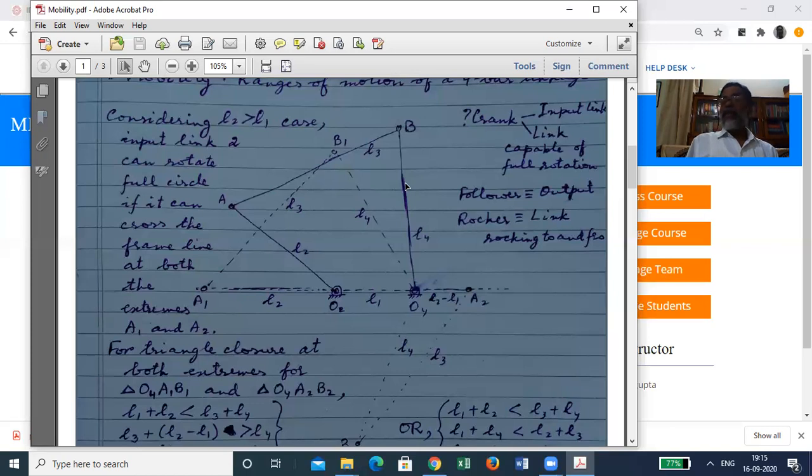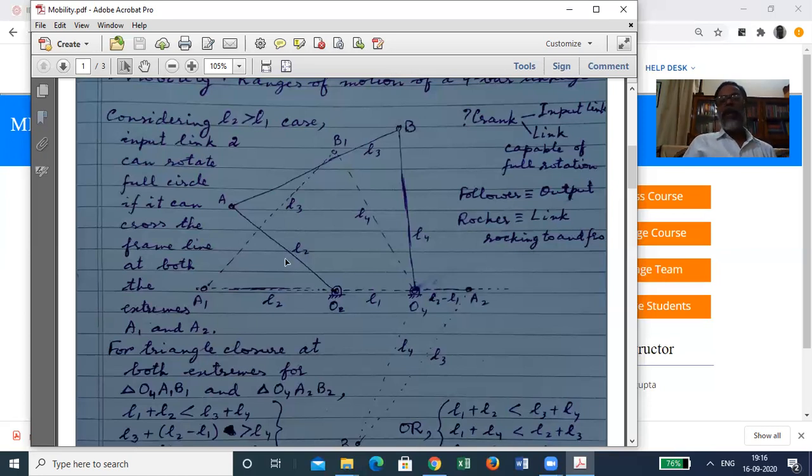That doesn't mean that it is a useless mechanism. If the mechanism really needs only partial motion, not full circle motion, or if you have some other auxiliary means to give input to this, for example, this could be the output link of another 4-bar mechanism, which is crank rocker.